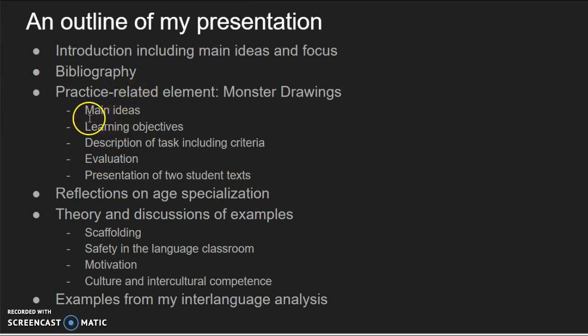The practice-related element will contain main ideas, learning objectives, description of task including criteria, evaluation, and a presentation of 2 student texts. Then I will present reflections on age specialization.